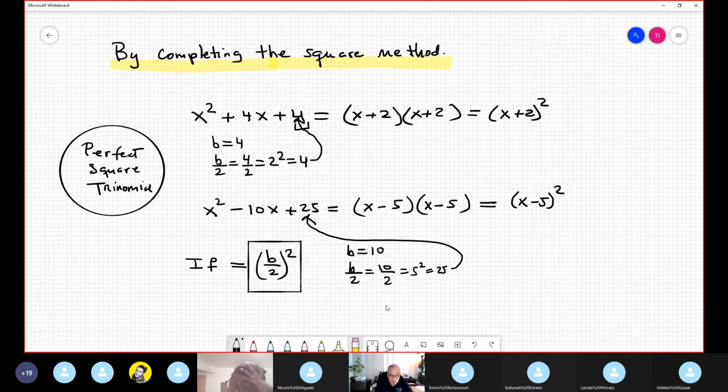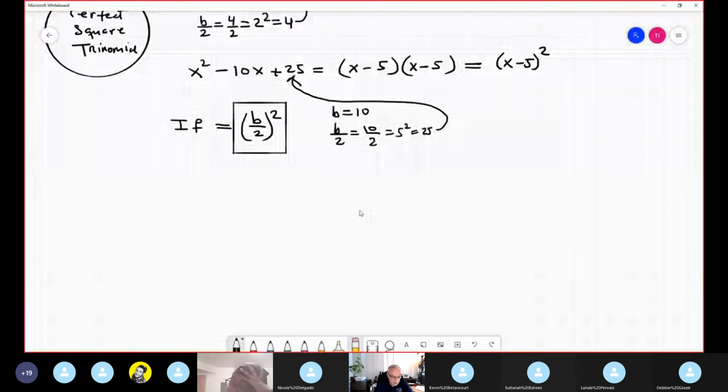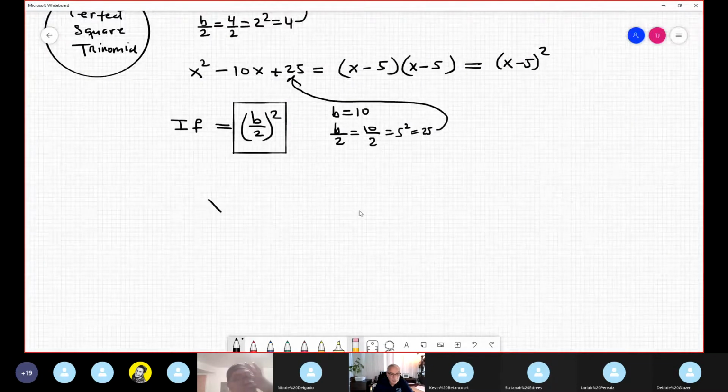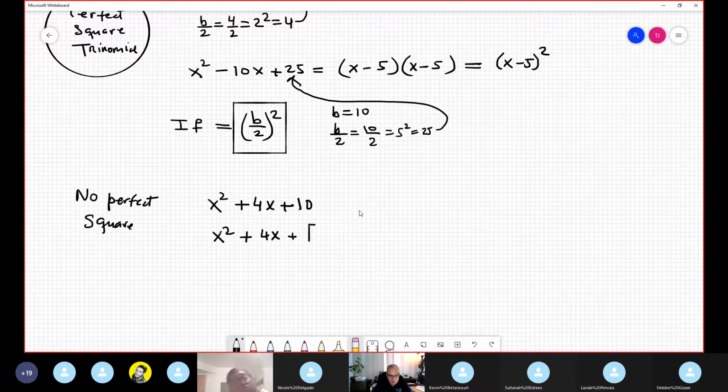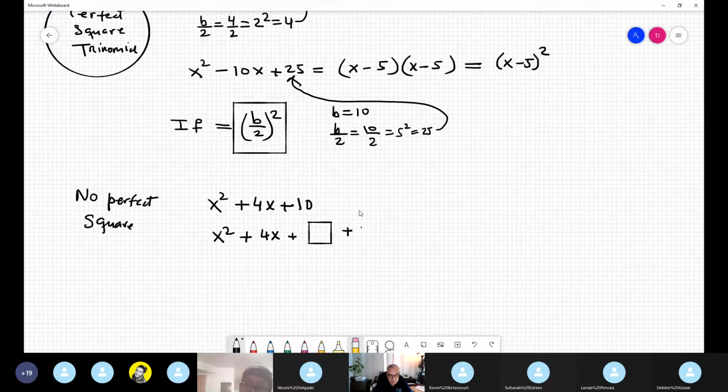Another trinomial, suppose another example. Another trinomial case like that, suppose: x^2 + 4x + 10. Wow, this is not a perfect square trinomial. However, we can transform it a little bit. How? Well, for example, you copy that part and temporarily ignore 10.